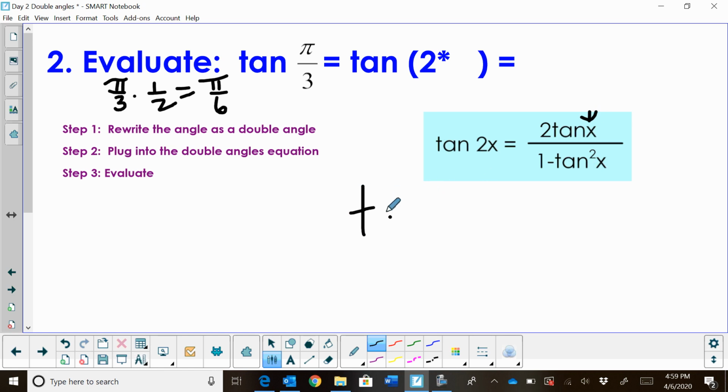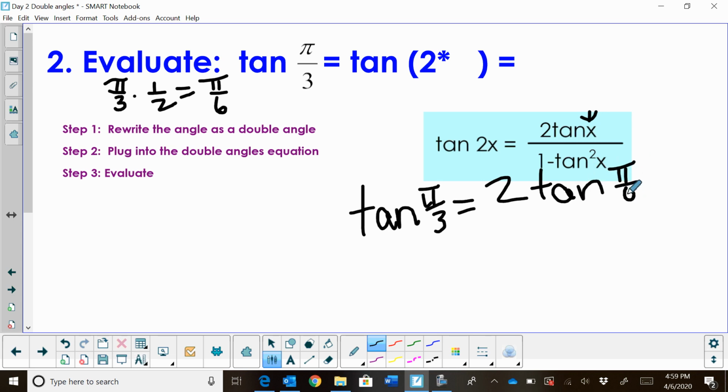So tangent of pi thirds is equal to 2 times tangent of pi sixths all over 1 minus tangent of pi sixths. Now, what's tangent at pi sixths?